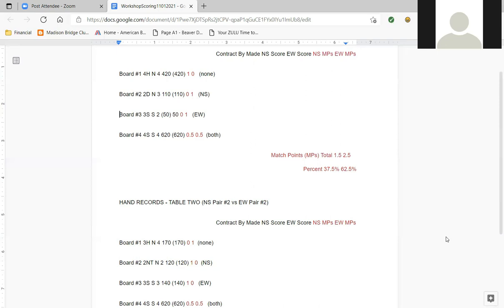So that would make it harder for you to do something with your rotten cards than at the other table. But in duplicate bridge, they also juggle that around. If you're sitting east-west, you don't play every hand against the same north-south pair. You play some hands against one north-south pair and some hands against another north-south pair and some against another north-south pair. So it's hard to come up with that excuse also.